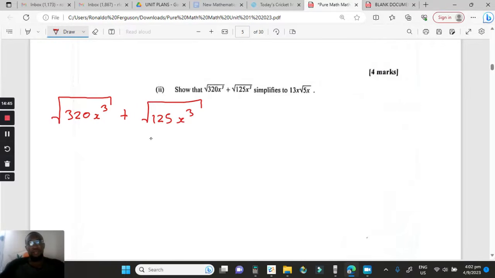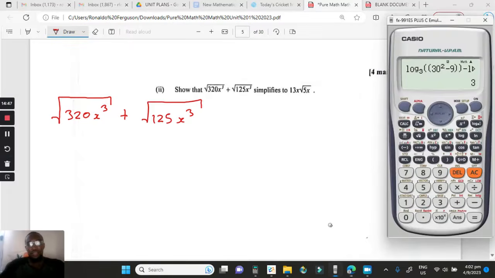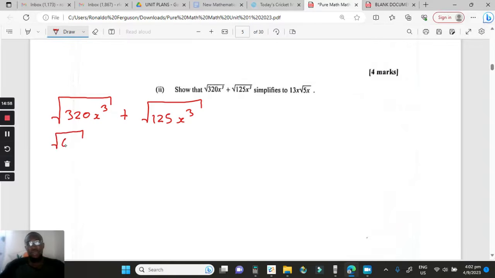Now, first thing, take out a calculator, square root 320, simplify that part. Square root 320 is 8 root 5, but just to show them the working, you can tell them this is the square root of 64 times the square root of 5, and then x cubed. Look what we're going to write.